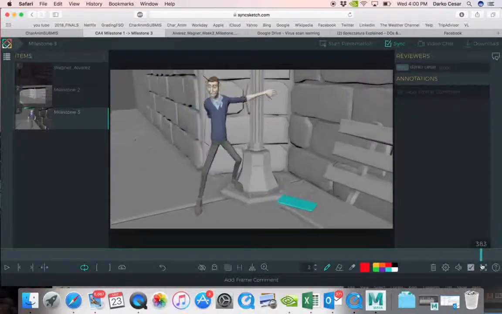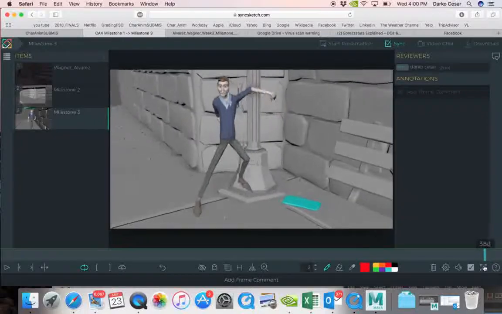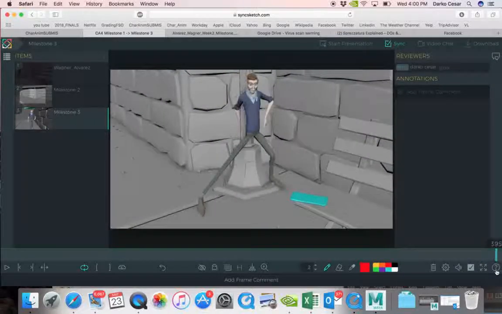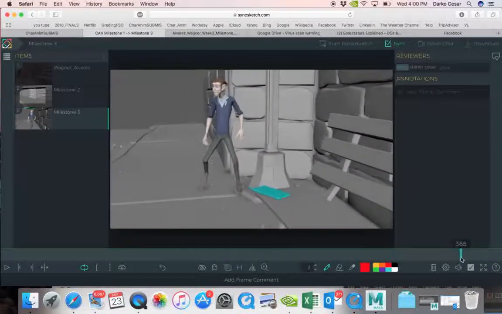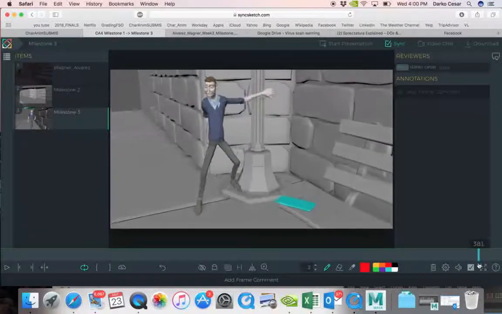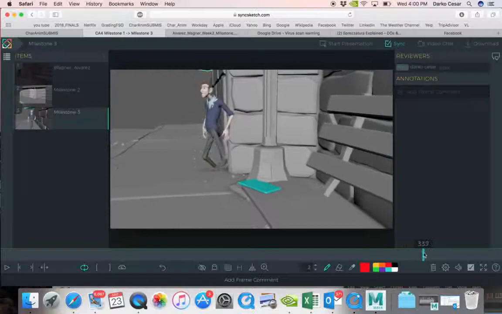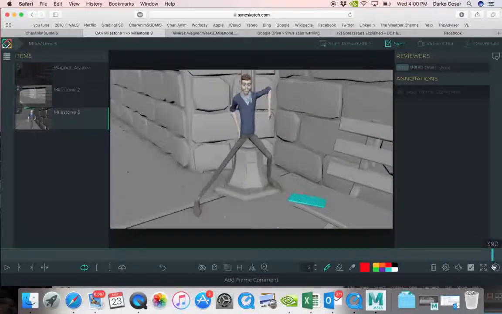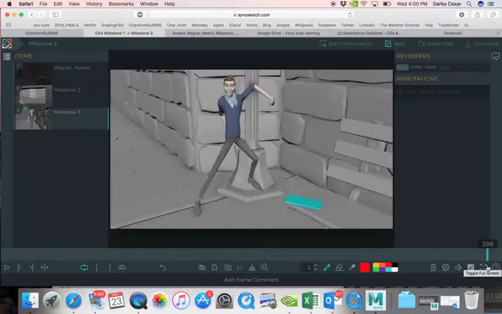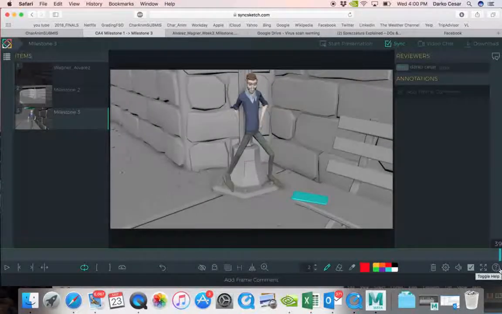You did not use a down pose for walks ever. Probably not even an up pose. All you have is contacts and passing poses for the walks, and I don't understand this.